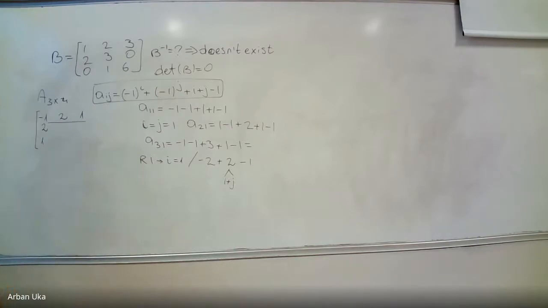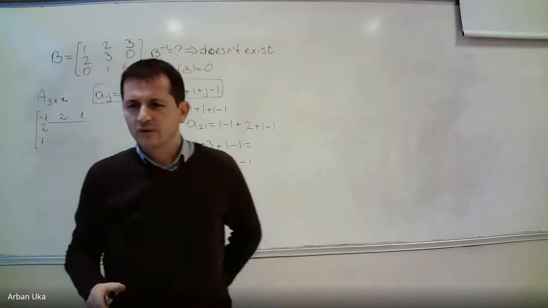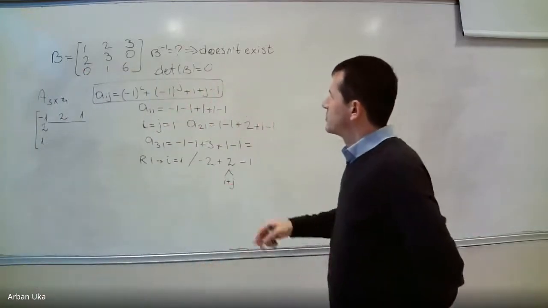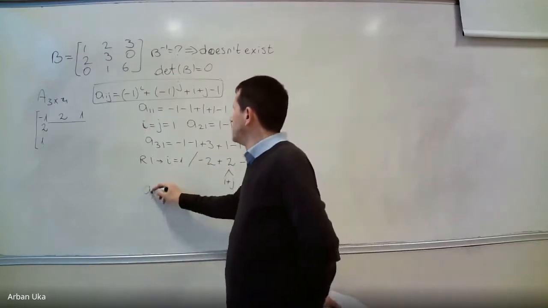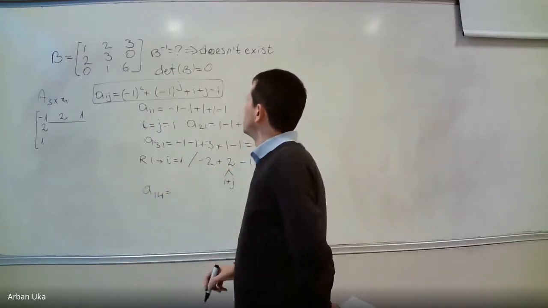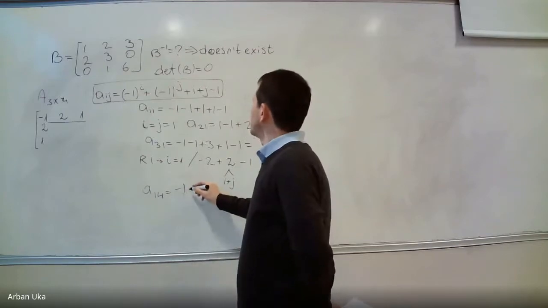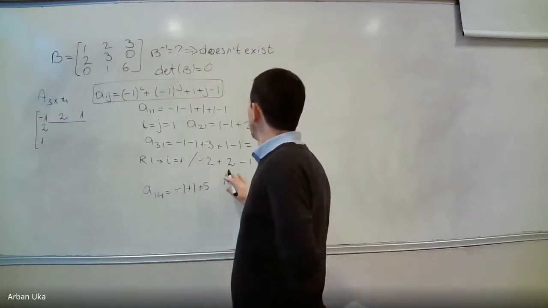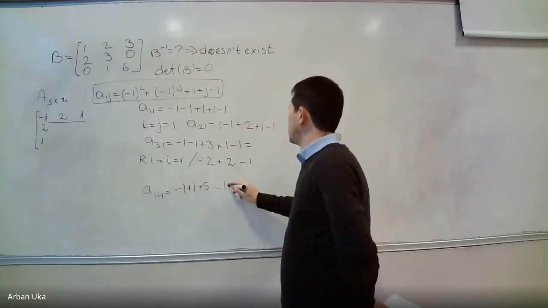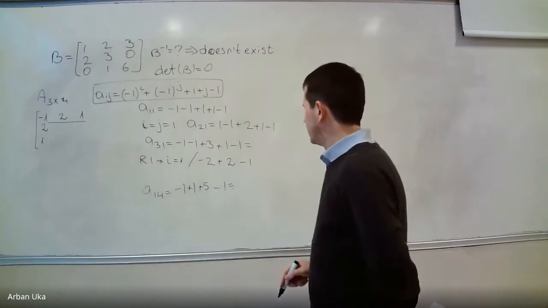And then the rest, today I made quite a few mistakes when I write on the board. So I hope I don't make any mistake now. So A14 would be equal to minus 1, plus 1, plus 5, minus 1. So we get here 4, right?